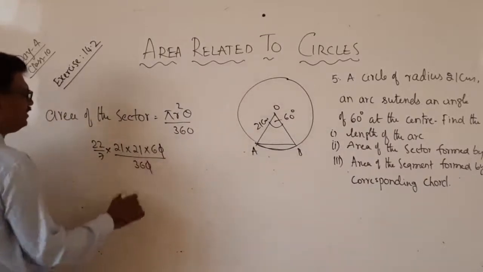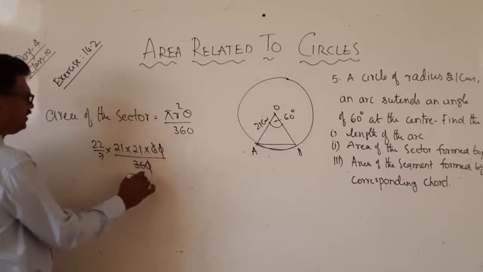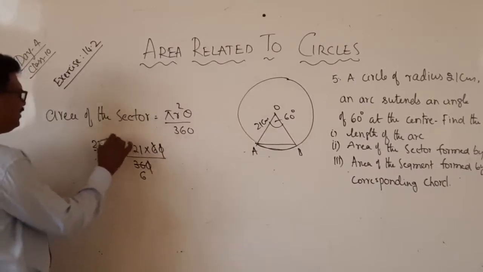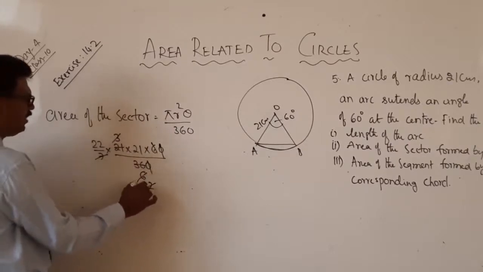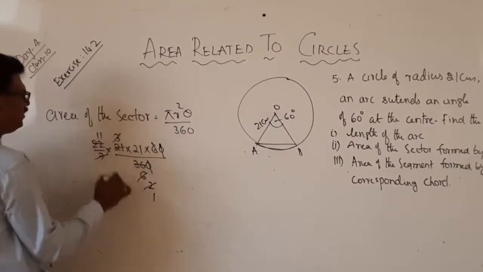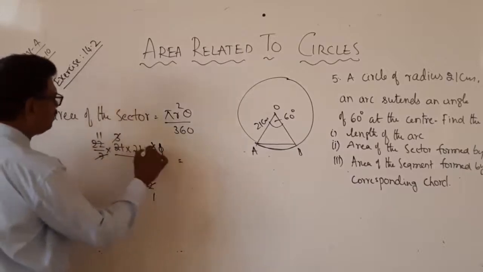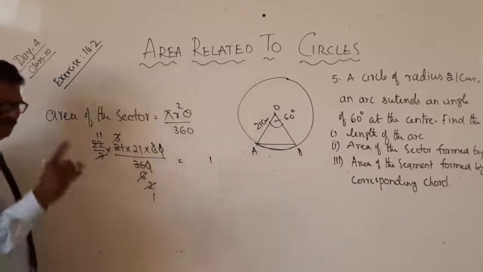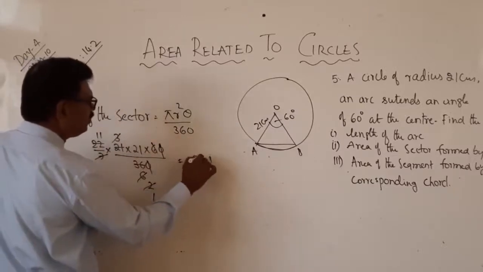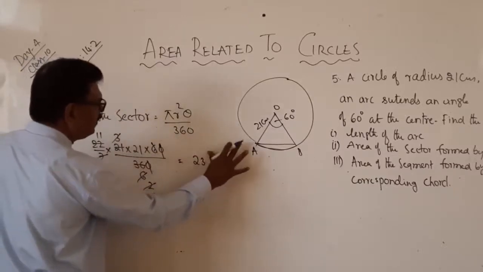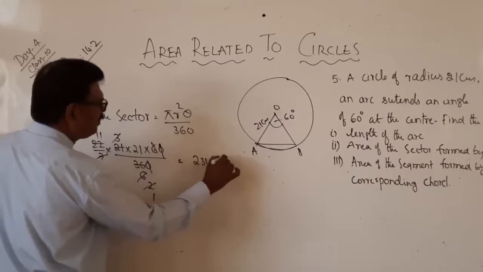0 0 cancel. 6 ones are 6, 7 ones are 7, 3s. 3 1s are 3, 2 2s, 2 ones are 2, 11. Therefore it is equal to 11 1s are 11, 11 into 21: 22 plus 1, 231 centimeter square. Okay?